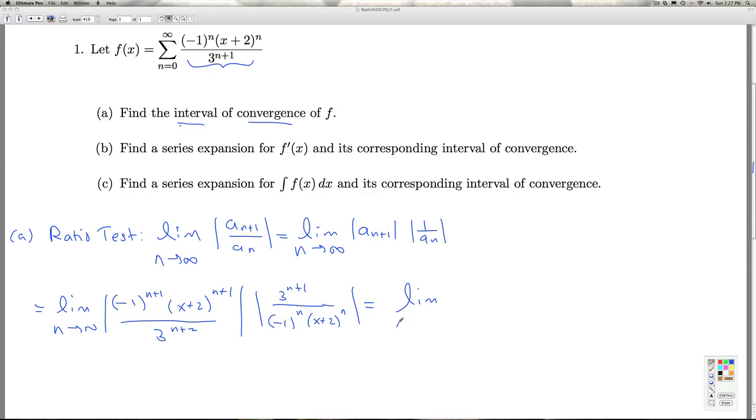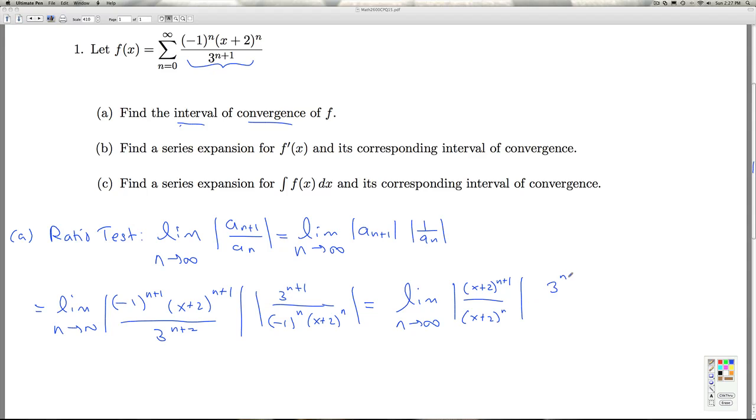So this is the limit as n goes off to infinity. The absolute values are going to take care of the negative 1's. I'm going to have an absolute value of x plus 2 to the n plus 1 divided by x plus 2 to the n. And then I don't need absolute values around these 3's.